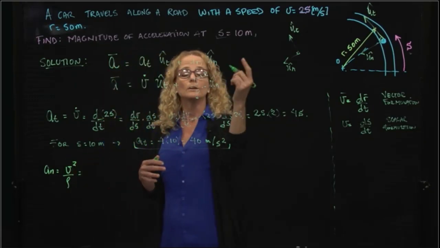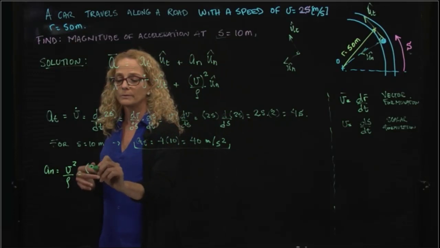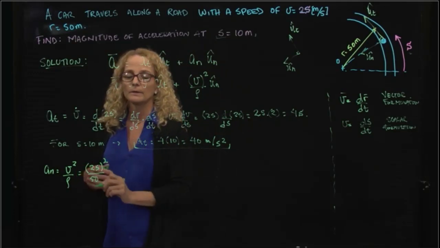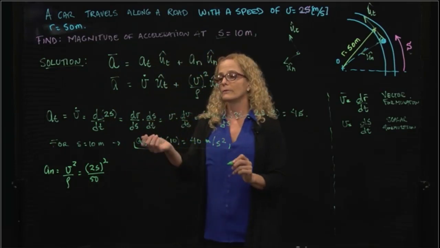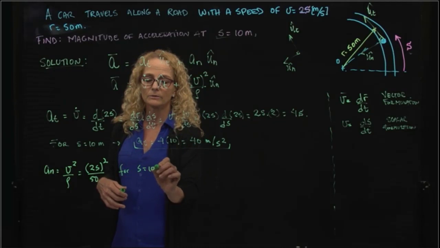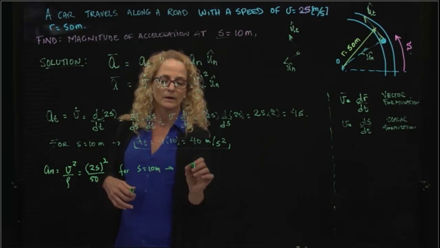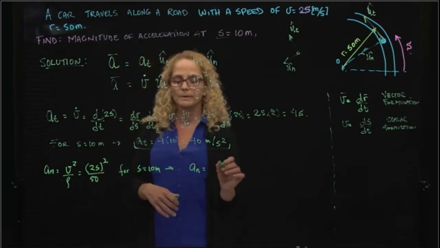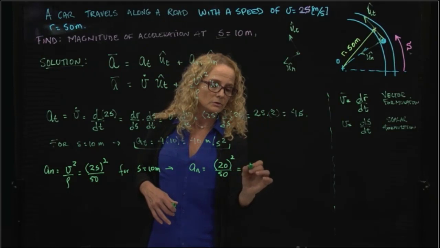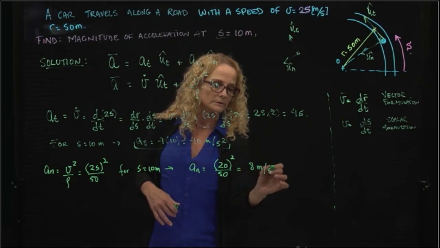So this will be (2s) squared over our radius of curvature. That's the expression for our normal acceleration. For s equals 10 meters, the normal acceleration will be 20 squared over 50, and that equals 8 meters over second squared.